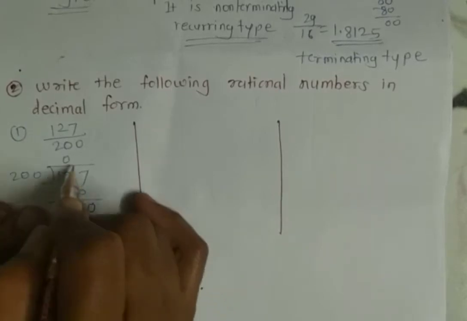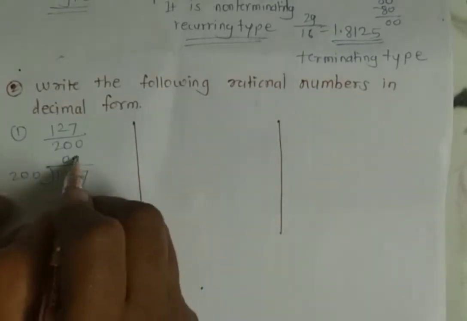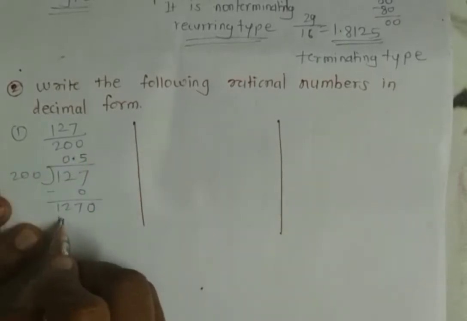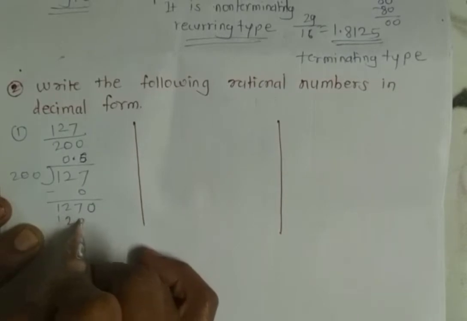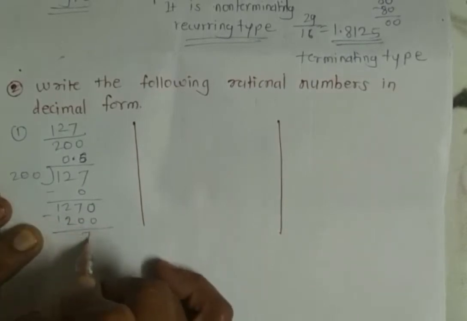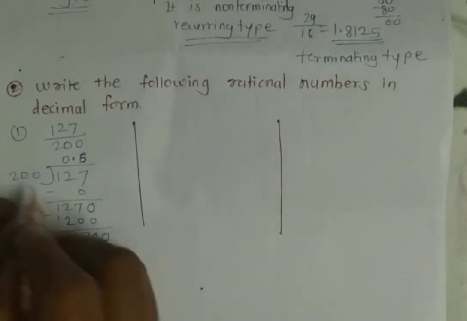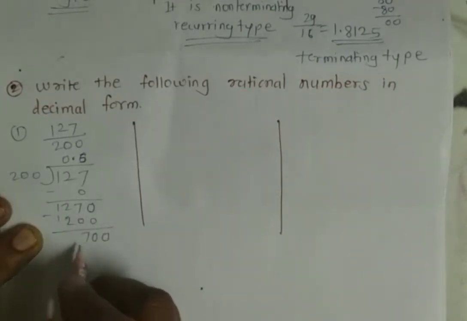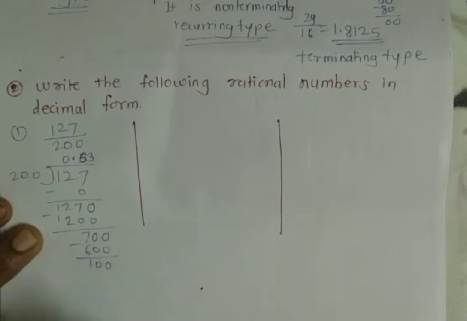We take one more 0 here and a decimal point. 200 fives are 1000, 200 sixes are 1200, remainder is 70. Again take one more 0, 200 threes are 600, 700 minus 600, 100.